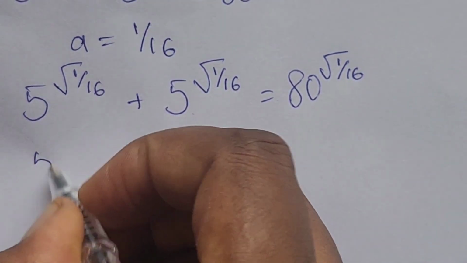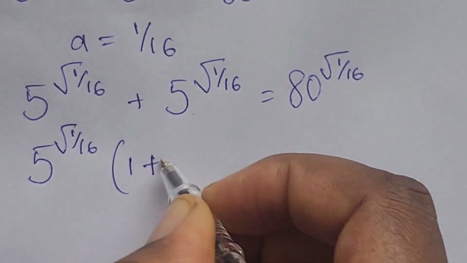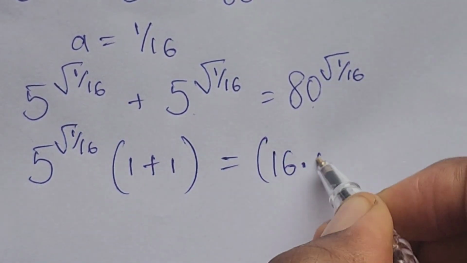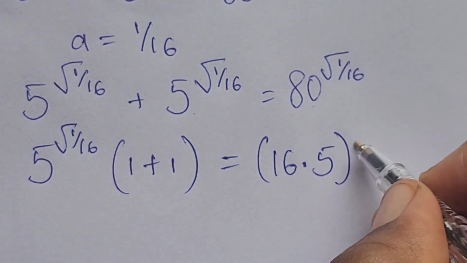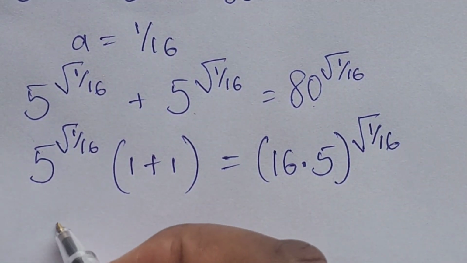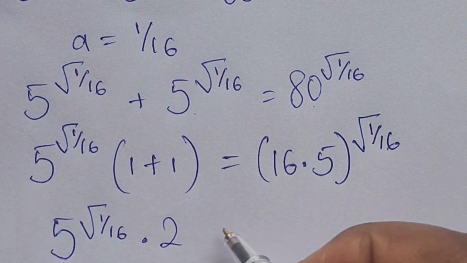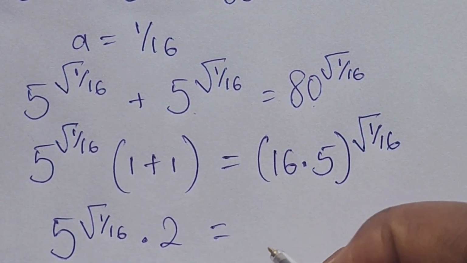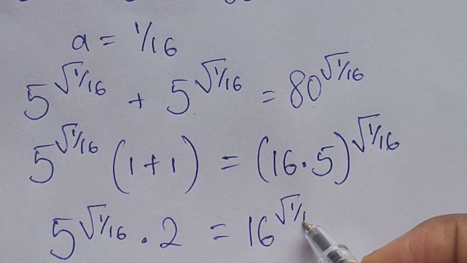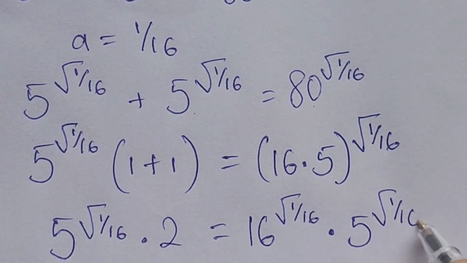Factoring out the 5, we have 5 to the power of root 1 over 16 times (1 plus 1), which is equal to, remember our 80 is 16 times 5, further raised to the power of root 1 over 16. So from here we have 5 to the power of root 1 over 16 times 2, which is equal to 16 to the power of root 1 over 16 times 5 to the power of root 1 over 16.